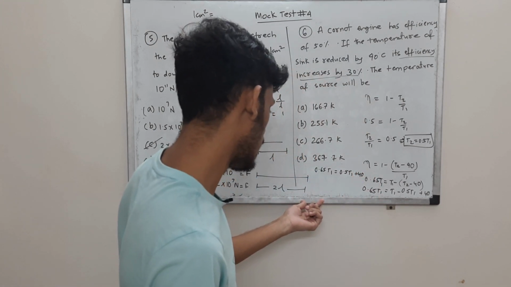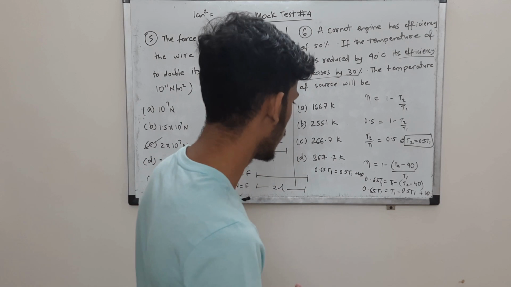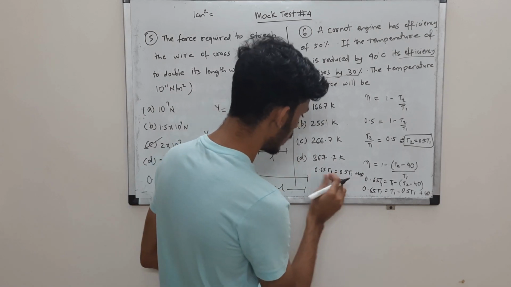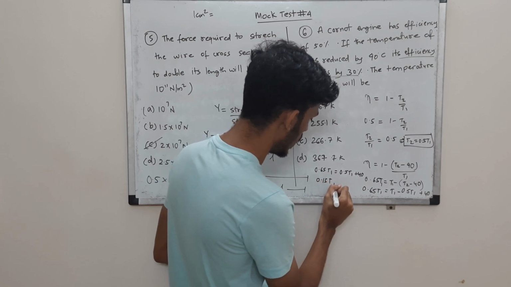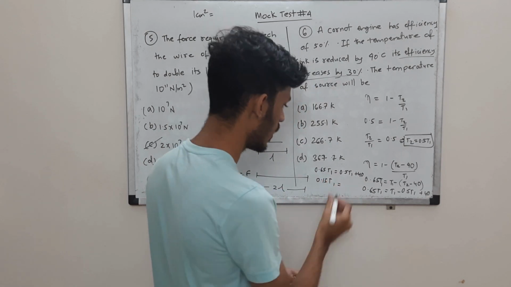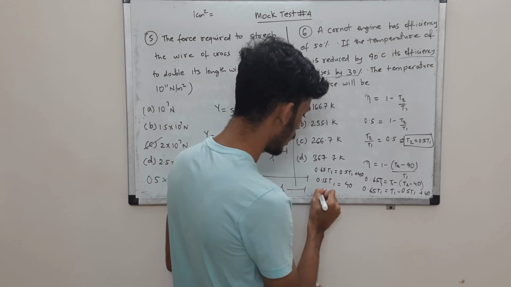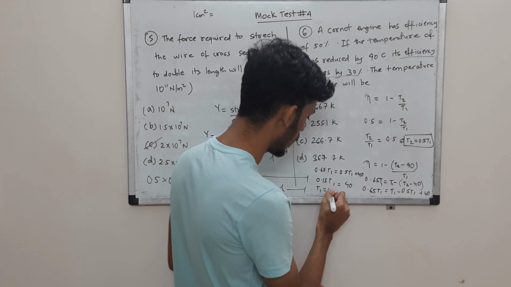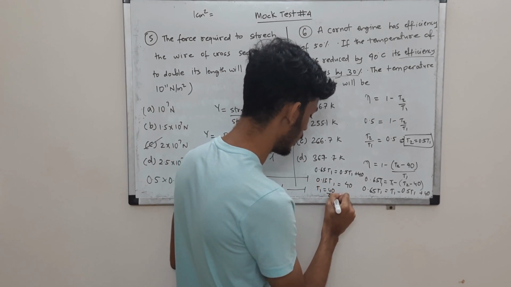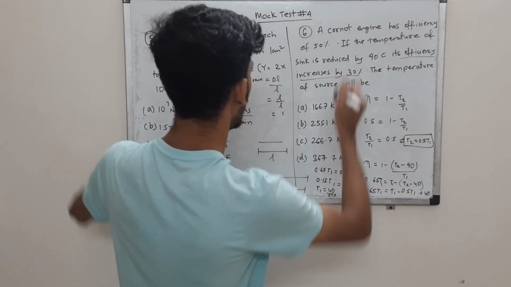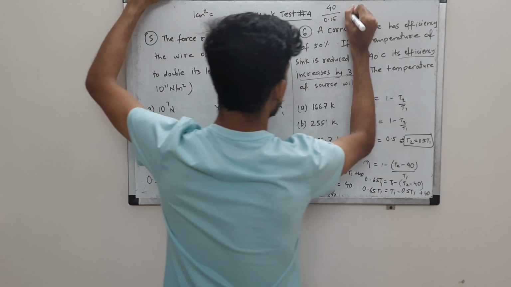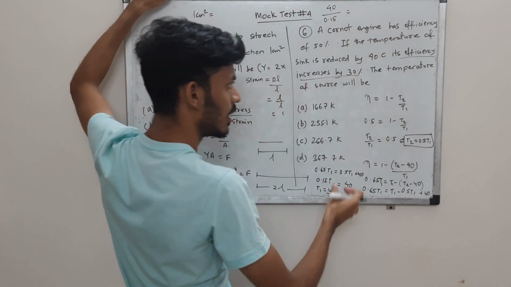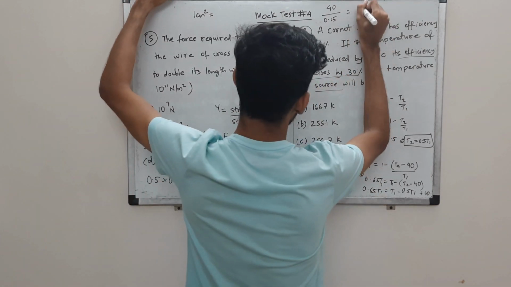So let's take this to the other side. So it's 0.65 minus 0.5, which is 0.15. That gives us 40. So T1 will be 40 by 0.15. Now let's simplify this. T1 is basically the temperature of the source, which we are supposed to find.